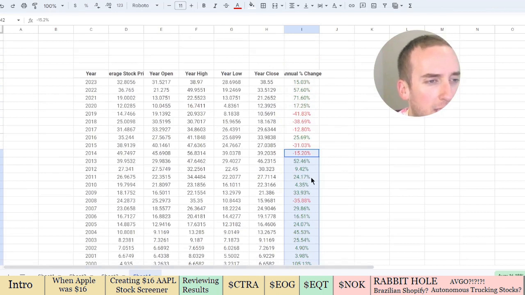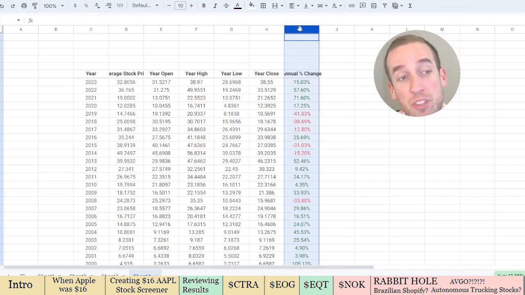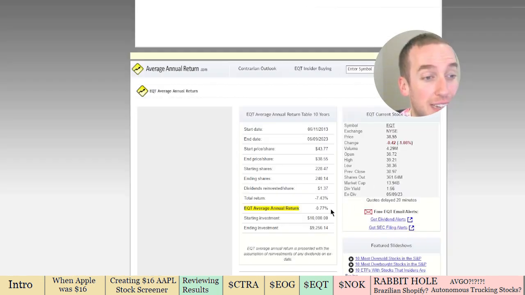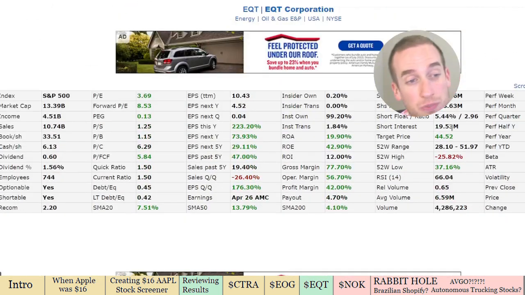And then if we look at it holistically, I'm gonna say 19%. 13.88. Ooh, okay. And let's look over the last 10 years. Negative 0.77%. All right. So, I mean, this one looks really dang good on paper.